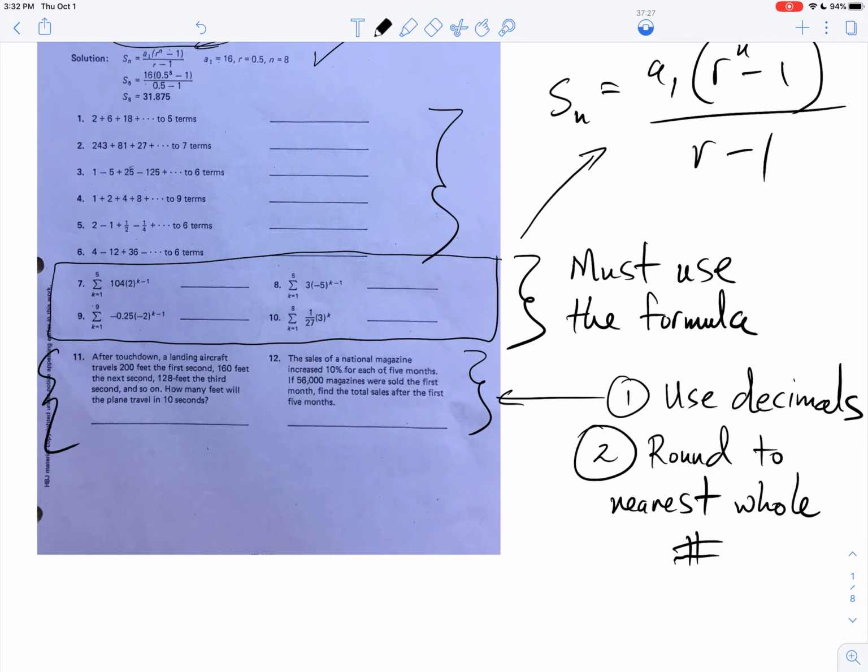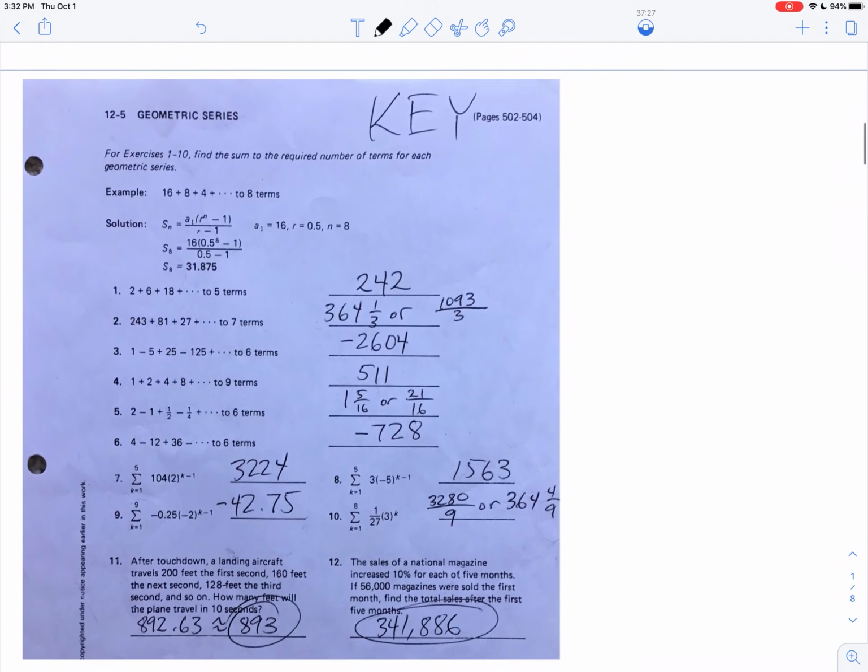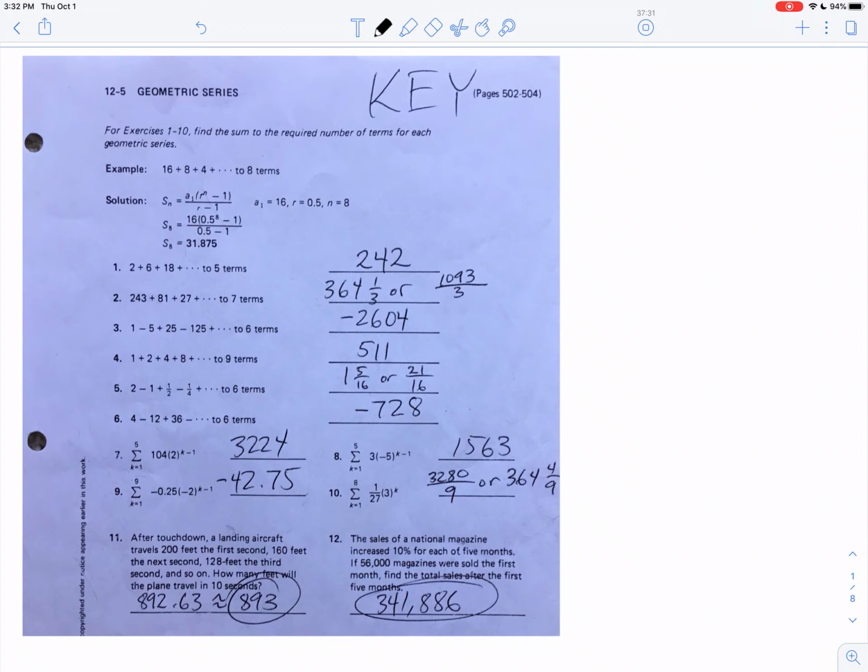And here is my key. There is my key. So you may check your answers. And you will see that I wrote 2 answers in fraction form for 1 through 6, just because I don't like repeating decimal answers. We're going to take care of repeating decimals in the next lesson.